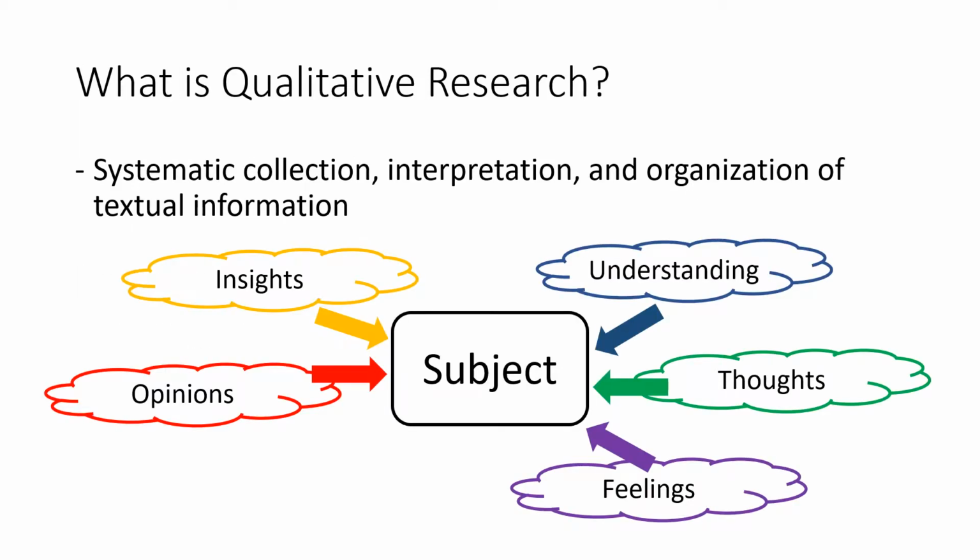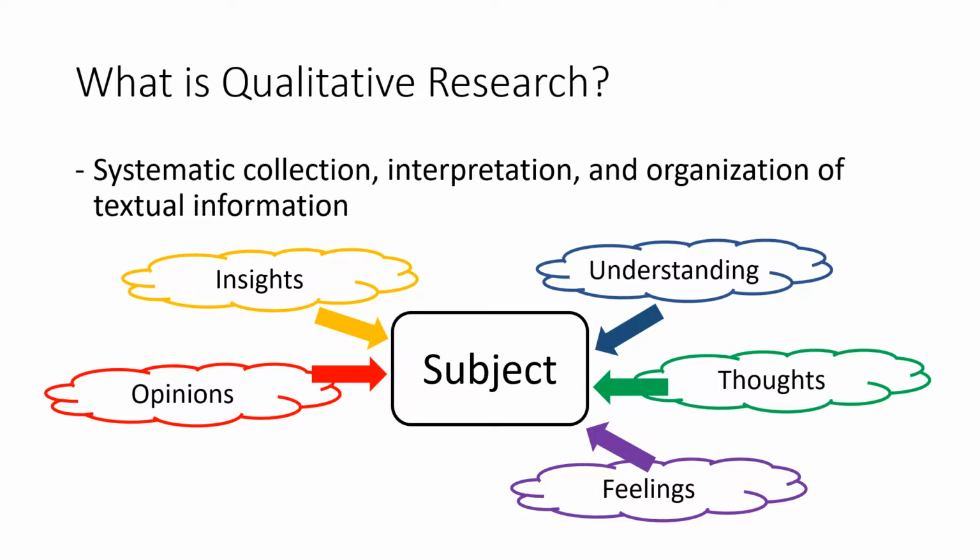Okay, so what is qualitative research? Of course, qualitative research covers a wide variety of research. There's many definitions to what exactly is qualitative research. But on a broad level, it is the systematic collection, interpretation, and organization of textual information. And what does this mean exactly?